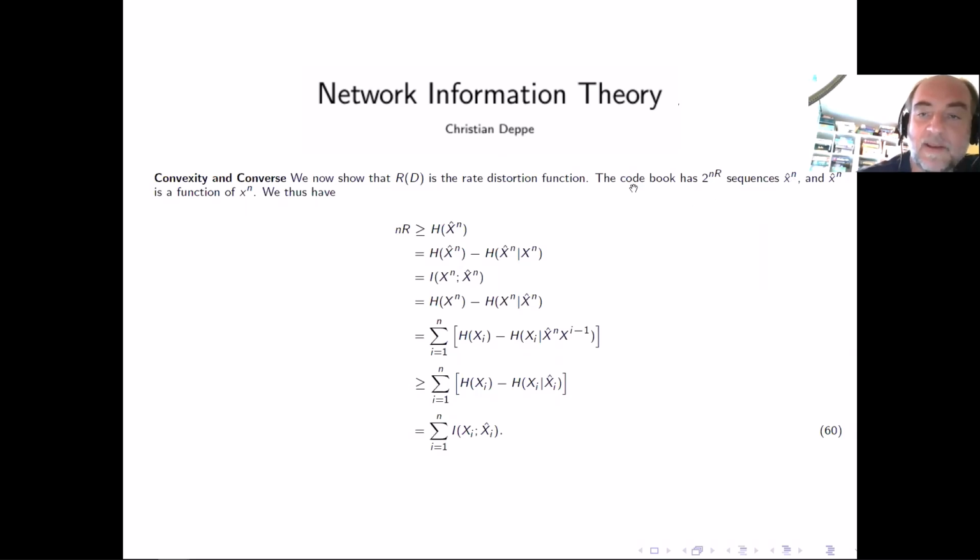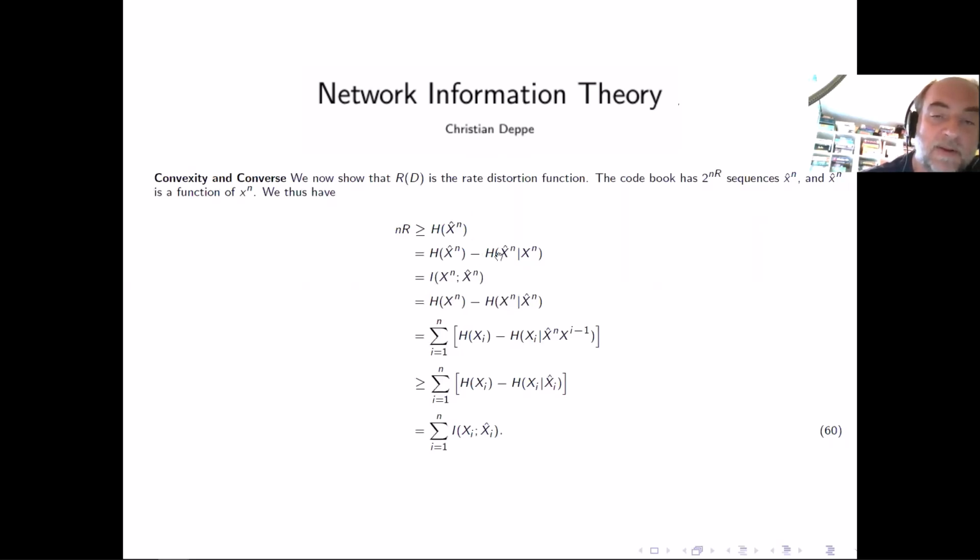So we know that the codebook has 2 to the nR sequences x hat of n, and x hat of n is a function of xn. Because of this, we have n times R is greater equal to the entropy of x hat to the n, and this is greater equal than the entropy of x hat to the n, because it's a function of this. That's like before, as we had in the source coding proof before.